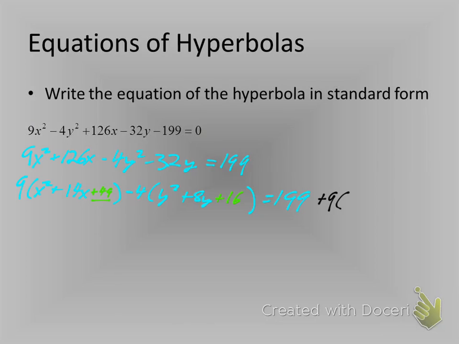Plus 9 times what you added in, which is 49, and plus 16 times what? Negative 4. You have to make sure you balance it. A lot of you messed that up on your last quiz, which you'll hopefully get back tomorrow. I'm just going to tell you this one. I'll work it out and pop it up.